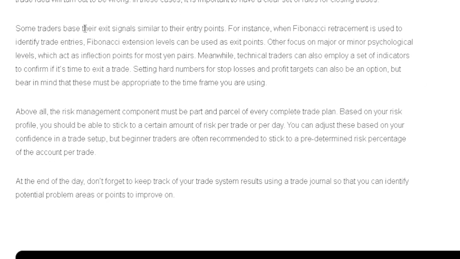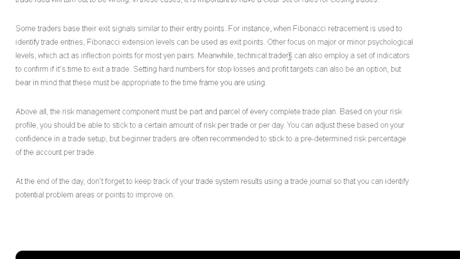Some traders base their exit signals on their entry points. For instance, when Fibonacci retracement is used to identify trade entries, Fibonacci extension levels can be used as exit points. Others focus on major or minor psychological levels, which act as inflection points for most currency pairs.